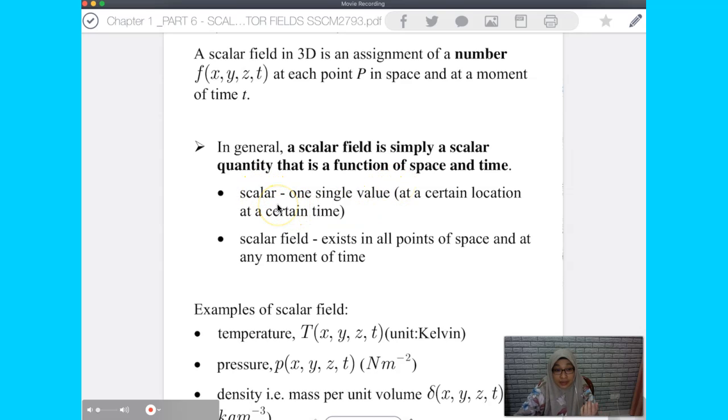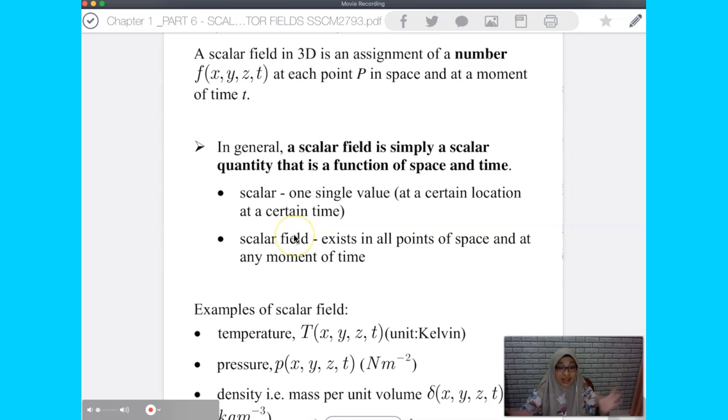If you have just a scalar, one single value, at a specific t, so you put t equal to 1 or t equal to 0 into the x, y, z, you just have one scalar, one single value. But the combination of very many t, or on some interval, gives you a scalar field.